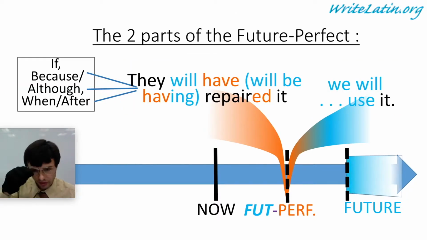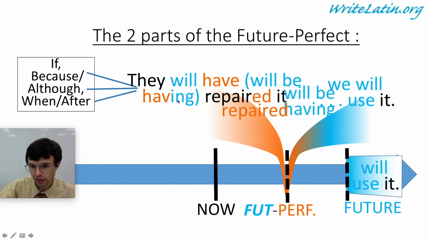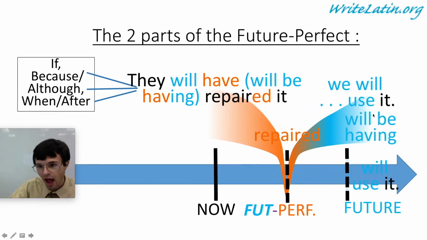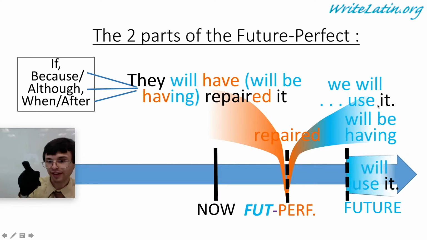All right, and will have, of course, is short for will be having, and just as with the pluperfect, here also you can see that it can be split into an ongoing and a complete part. So us using it is contemporaneous with them being in the good old state of having thus already repaired it.